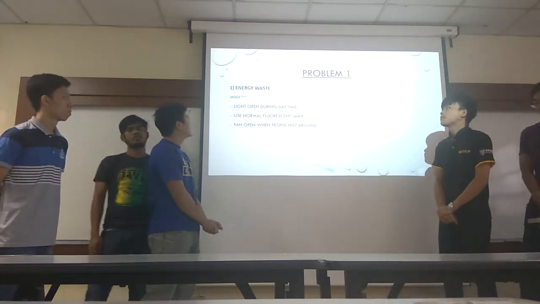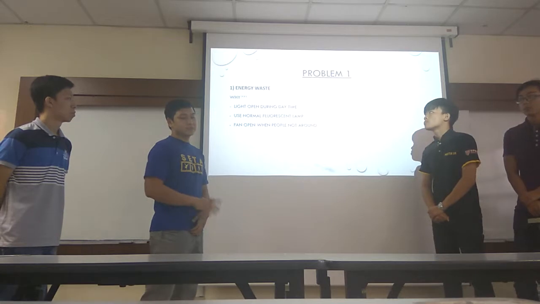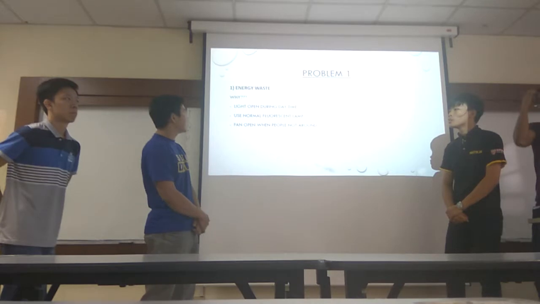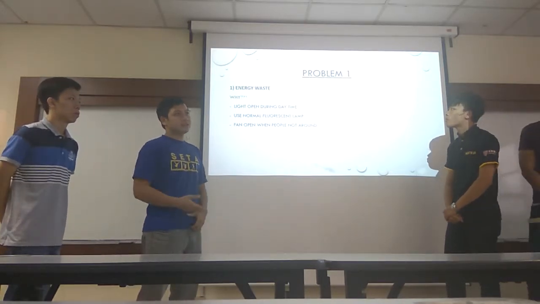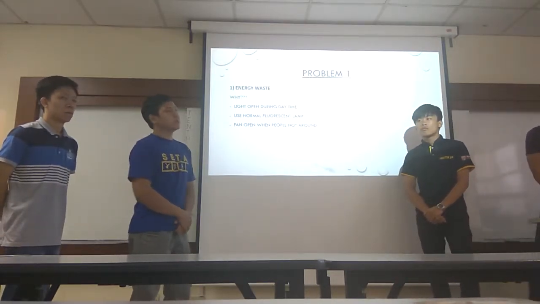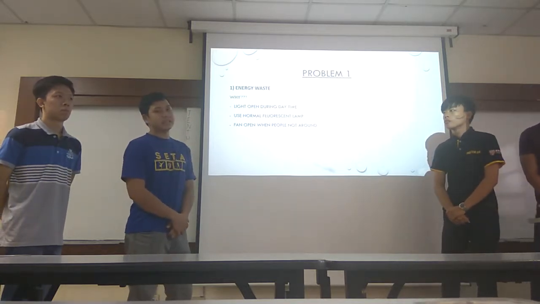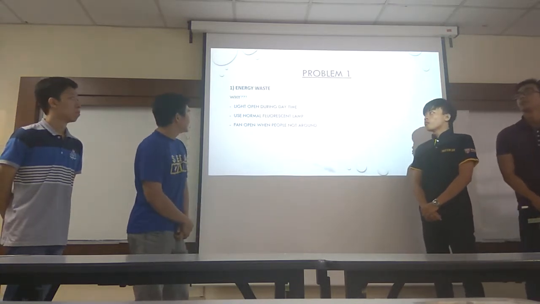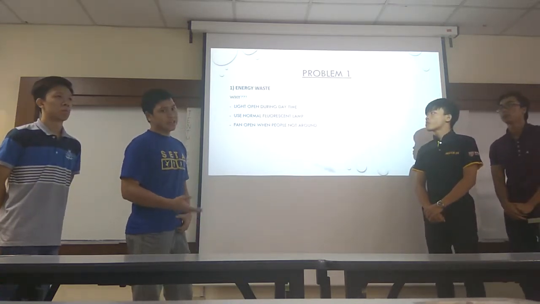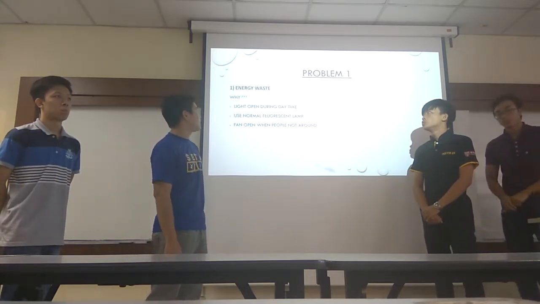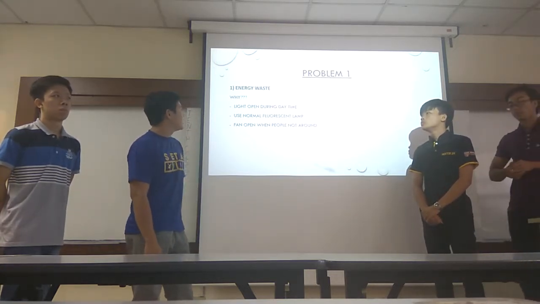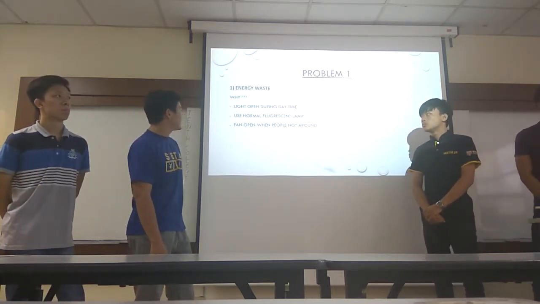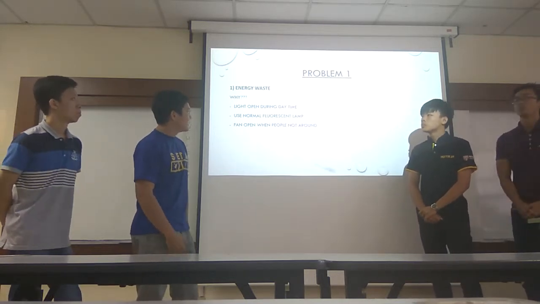Okay. The first problem that Tan College has is energy waste, in terms of electrical energy waste. The reasons for this problem are, first, the lights are on during the daytime; second, normal fluorescent lamps are used; and lastly, fans are on when people are not around.